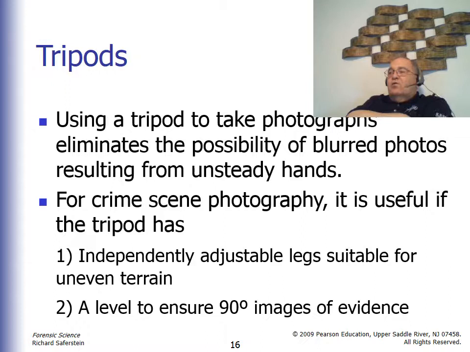And when you're shooting evidence photography and most crime scene photography, you want to ensure that your images are shot at a 90-degree angle, so the object that you're shooting is parallel to your lens.